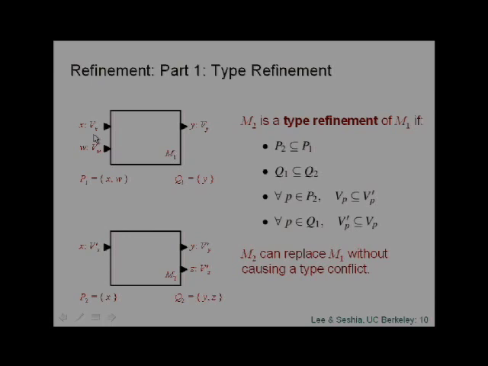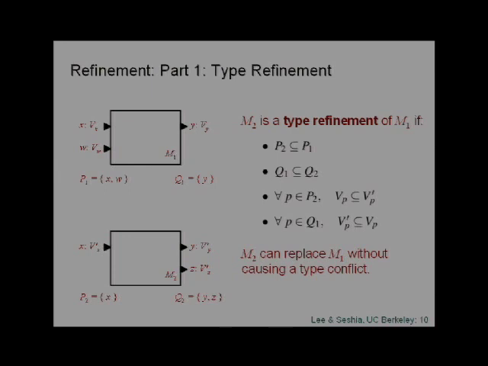The same thing down here, except we have possibly different types: V prime X, V prime Y, and V prime Z. The input ports of M1 are P1, and the set of output ports is Q1, and likewise you have P2 and Q2 there.